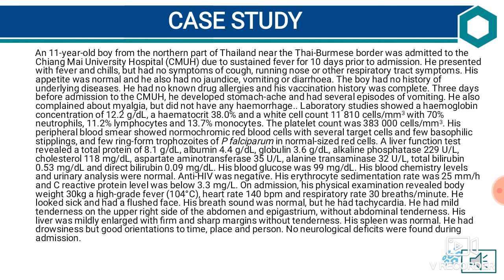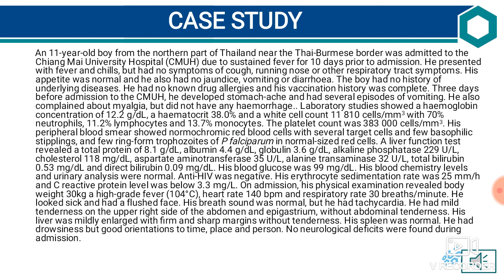Liver function tests revealed a total protein of 8.1 grams per deciliter, albumin 4.4 grams per deciliter, globulin 3.6 grams per deciliter, alkaline phosphatase 229, cholesterol 118 milligrams per deciliter, aspartate aminotransferase 35, alanine transaminase 32, total bilirubin 0.53 milligram per deciliter, direct bilirubin 0.09 milligram per deciliter.